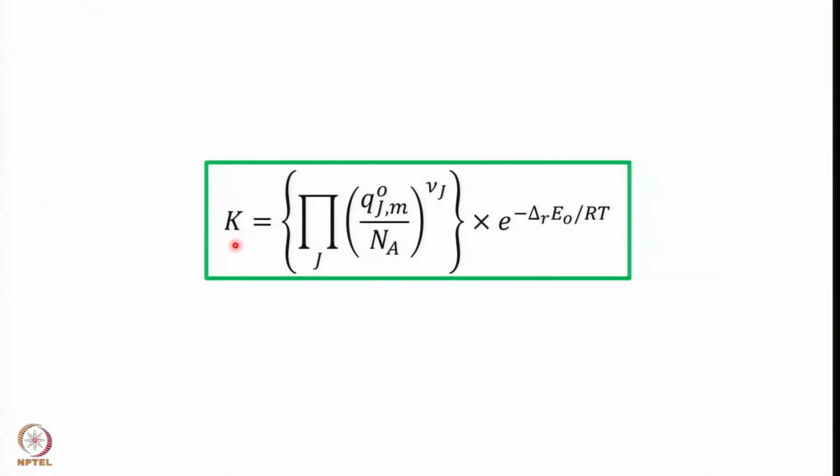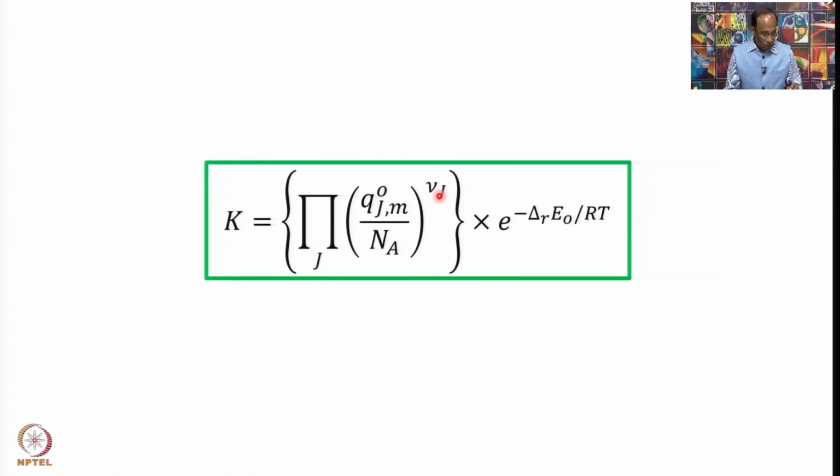Equilibrium constant is equal to the product of Q_J,m naught by N_A raised to the power of the stoichiometric number, into exponential minus delta E naught by RT.